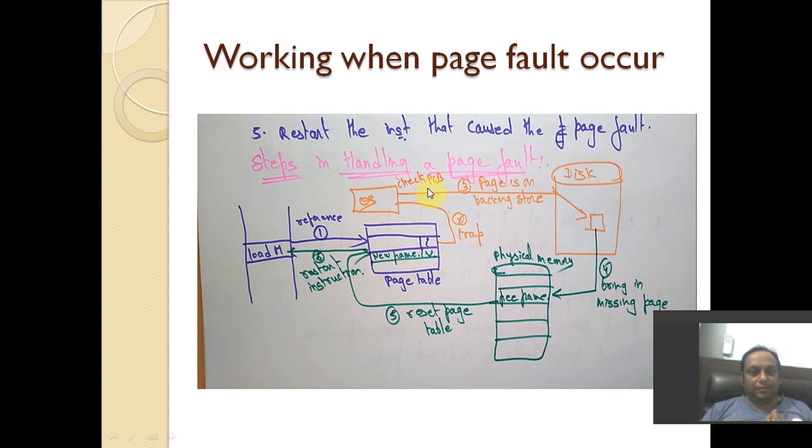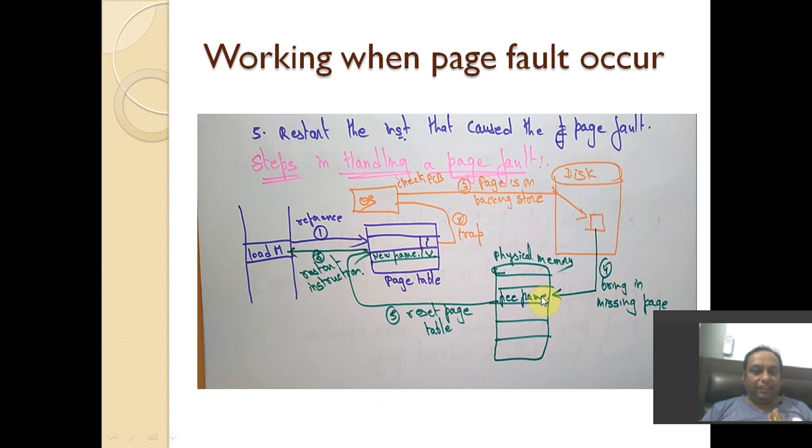The operating system checks in the PCB, the process control block, whether the page is on the backing store, that is, available in the disk. If yes, then bring that missing page into the physical memory. What is physical memory? Physical memory is the main memory.